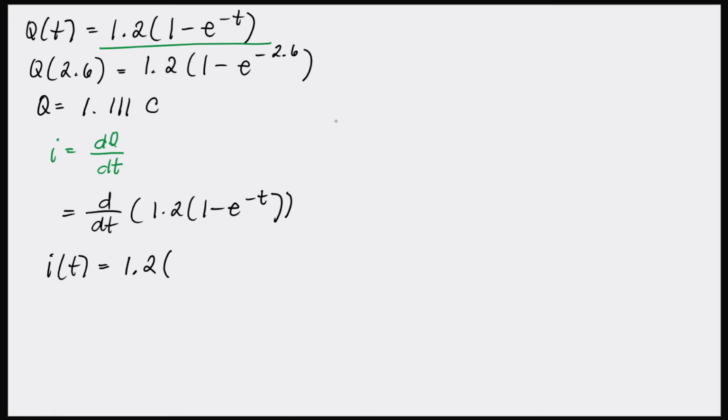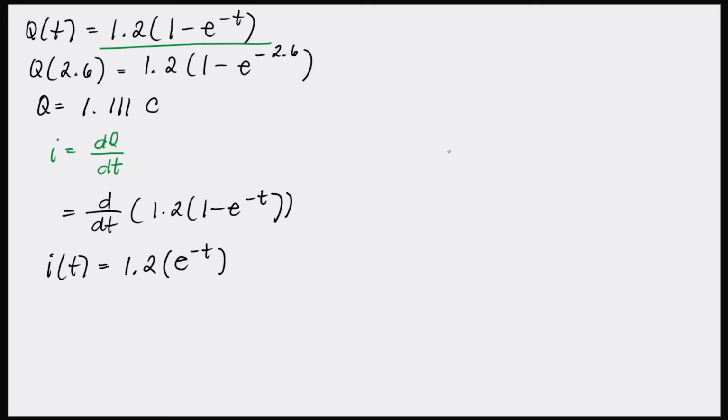Because the derivative of e raised to u is e raised to u multiplied by du over dx, the derivative of u with respect to x, or whatever we are differentiating. Here, the derivative of negative t with respect to t is negative 1. So, we have negative 1 times negative 1 is positive. So, we have e raised to negative t.